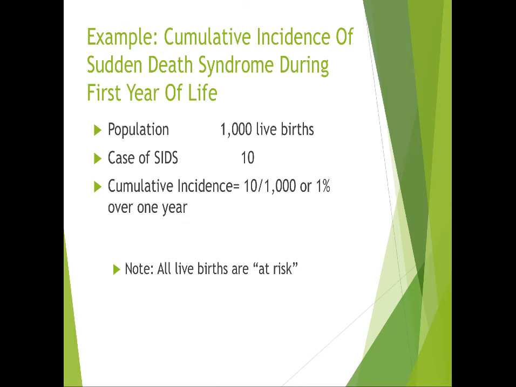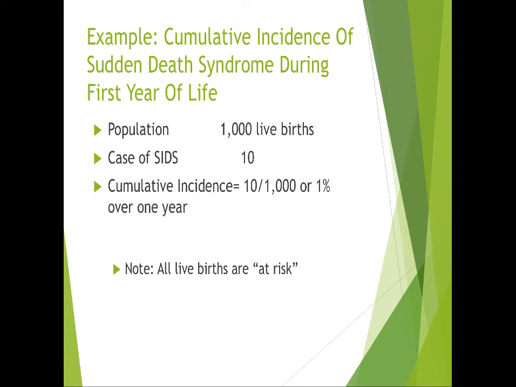Here's an example of how to solve cumulative incidence. You will see similar problems to this one in your homework and exams. So here we're talking about sudden death syndrome during the first year of life. You can see that your total population at risk is 1,000 live births. You have 10 cases of SIDS.